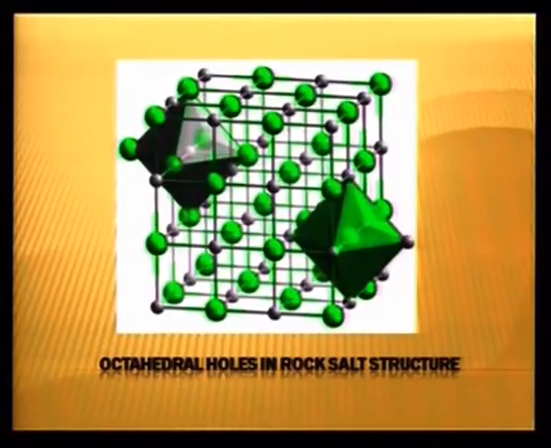Each edge is shared between 4 unit cells. So effectively, out of 12 octahedral voids, only 1/4, that is 3 octahedral voids, belong to a particular unit cell. This along with 1 octahedral void in the middle makes a total of 4 octahedral voids in 1 unit cell of the face centered cubic cell.